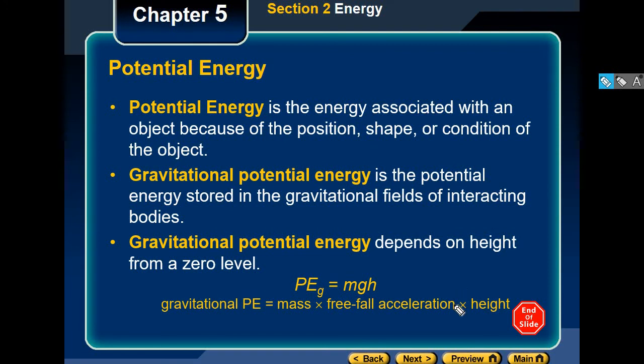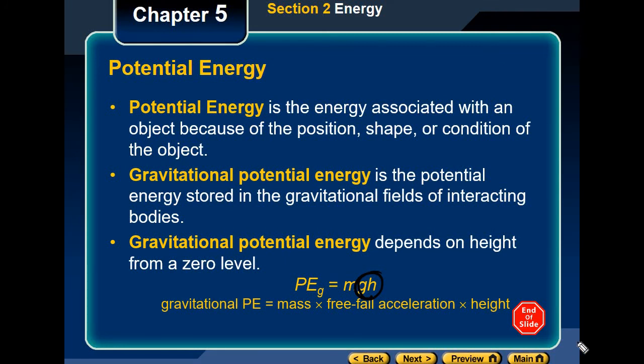Now the gravitational potential energy depends on two things: gravitational acceleration and the height.